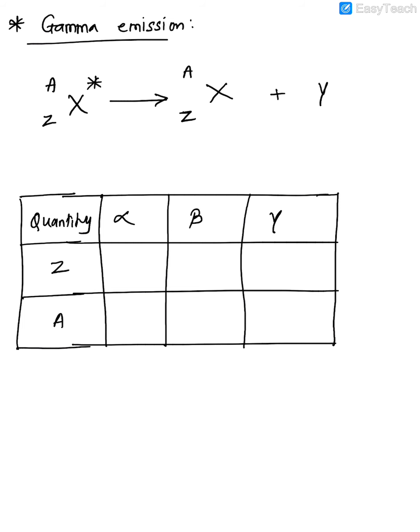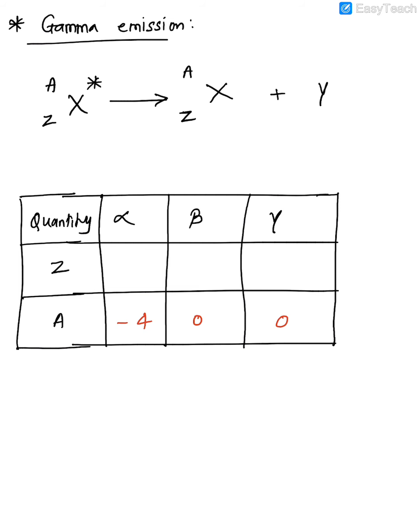So once again, what happens to the atomic mass when alpha is emitted? It will decrease by 4. In beta, it will remain the same. So there is not going to be any change. Whereas in gamma also there will be no change. So who's responsible for the change in atomic mass? It's only alpha.